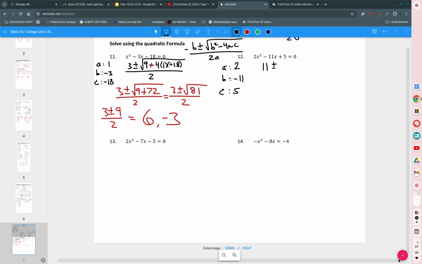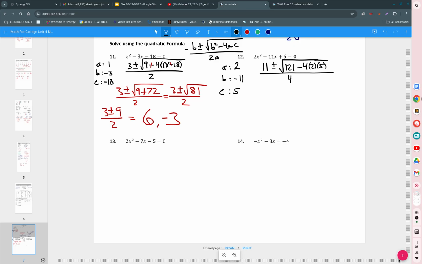Positive 11 plus or minus the square root of. What is negative 11 times negative 11? 121 was said, that is correct. Minus 4 times A is 2 and C is 5. All divided by what is going to be in my denominator. Twice the a value would be 4.